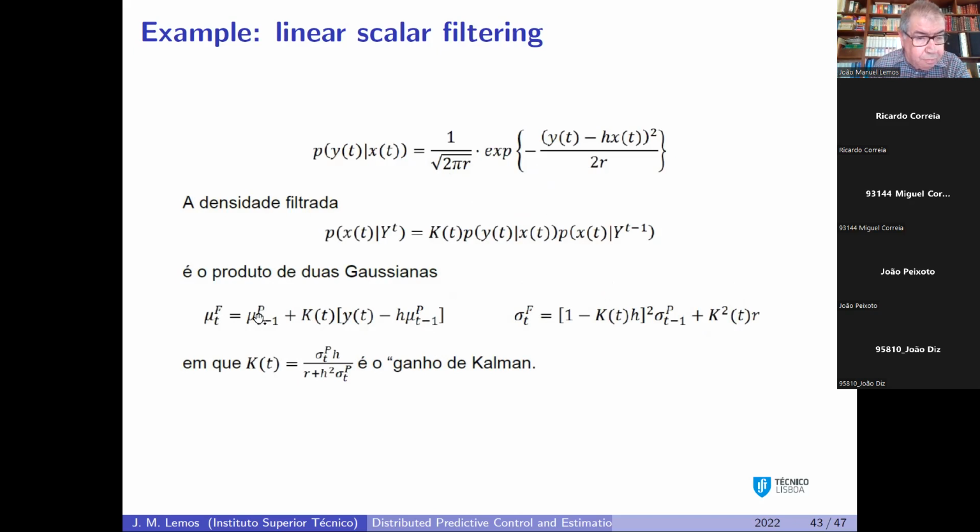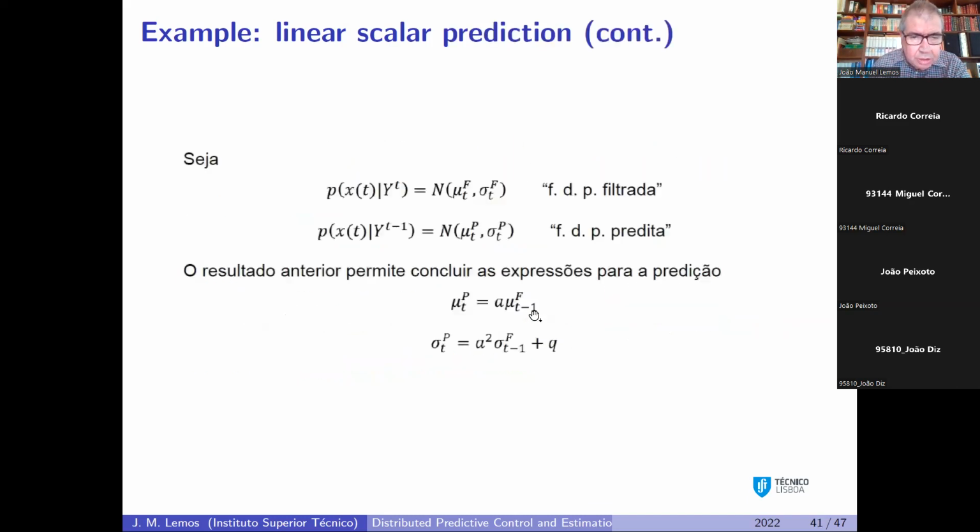So from the mean of the predicted density you get the mean of the filtered density, and this is the expression that propagates the covariance from the predicted covariance to the filtered covariance. So you need to use these two equations together with these two equations.